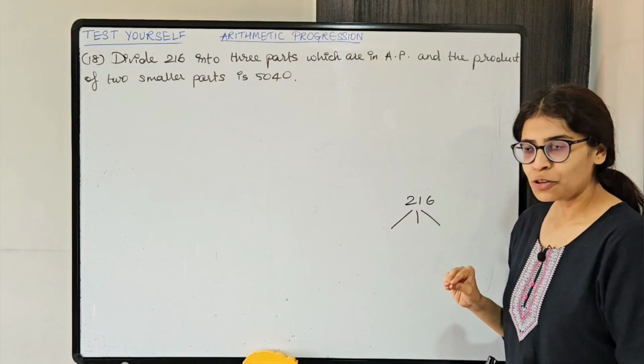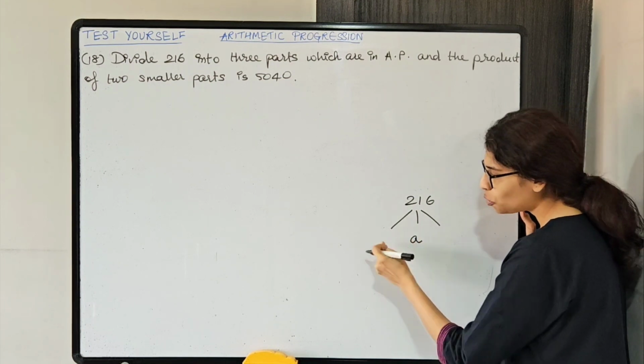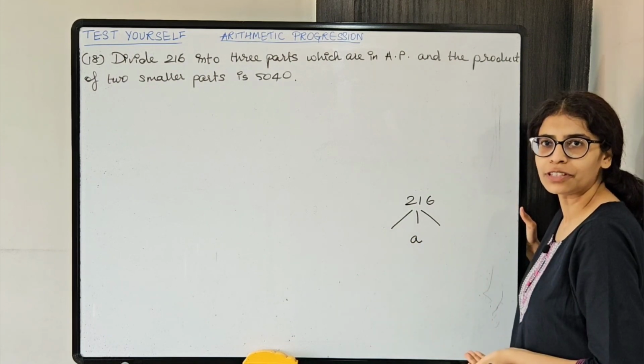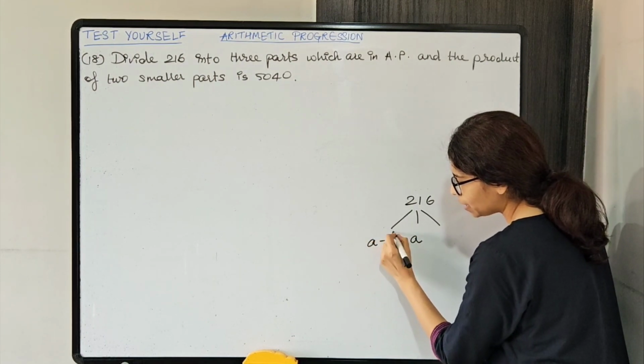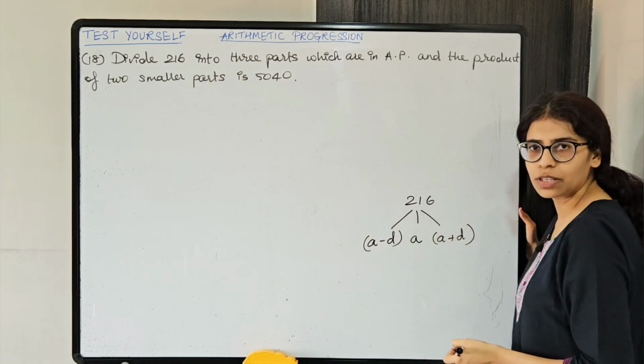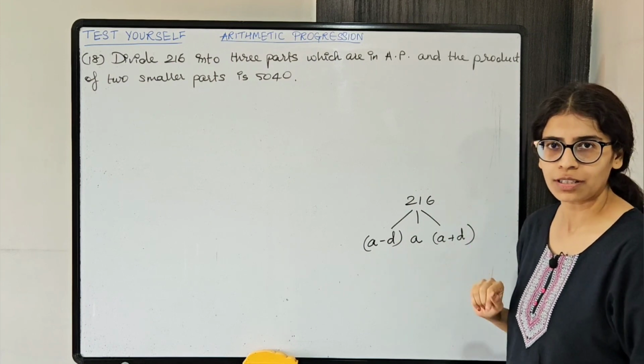So for an odd number of terms, middle term will be A. Before that you will subtract the common difference, after that you will add the common difference. So here we will subtract the difference, here we will add the difference. Okay, so these are the 3 terms of the AP, that is the 3 numbers which are in AP.